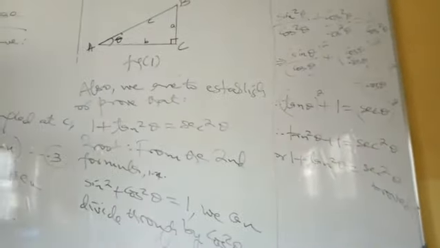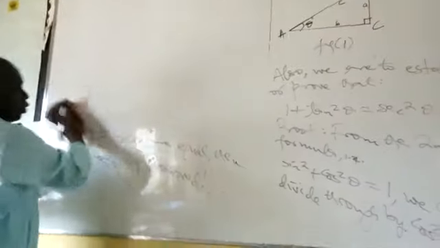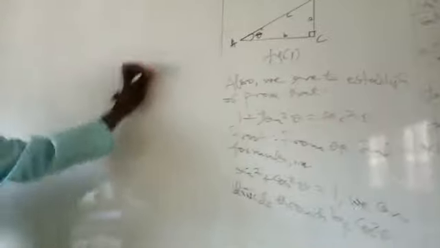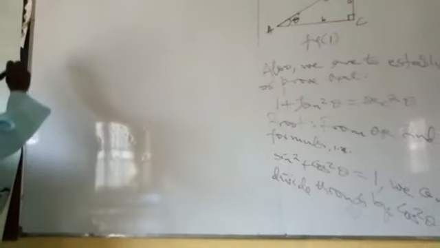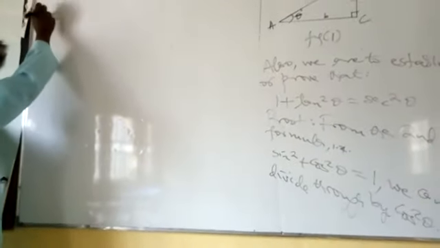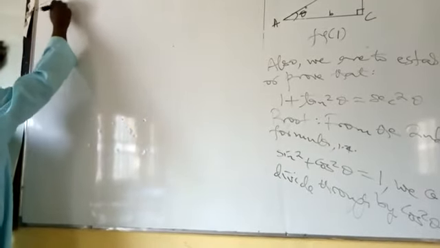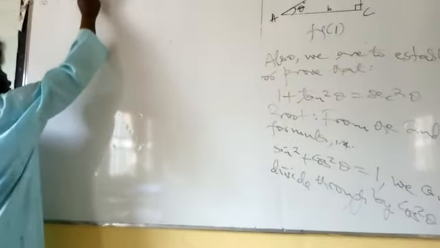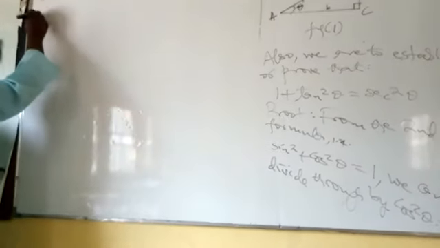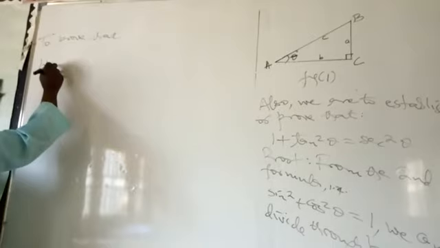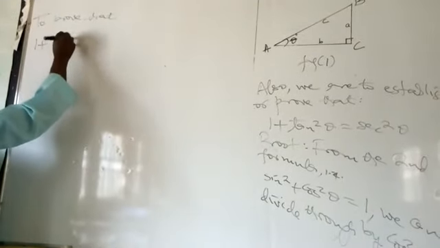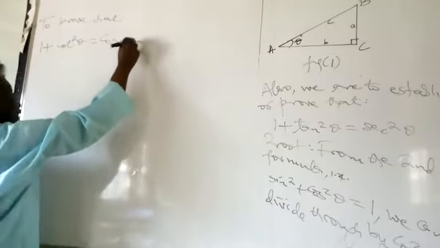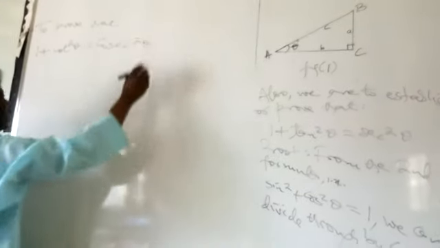Then we now establish the fourth trigonometric formula. Now, to prove that 1 plus cot square theta is equal to cosec square theta, we have to prove that.